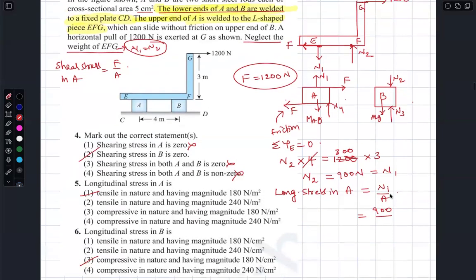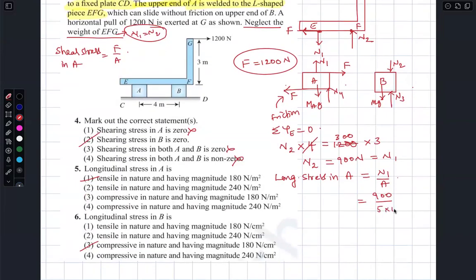Area of cross-section is 5 centimeters square, which can be written as 5 into 10 power minus 4. Yeah, right. 18 into 10 power 5 Newton per meter square. That's the longitudinal stress. Or you can write this in another way: it is 180 Newton per centimeter square also, no issues.